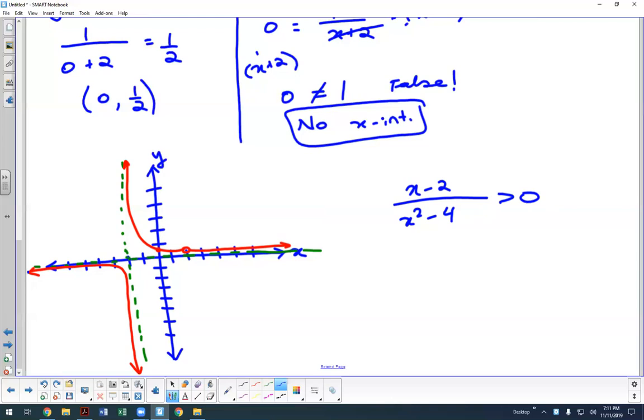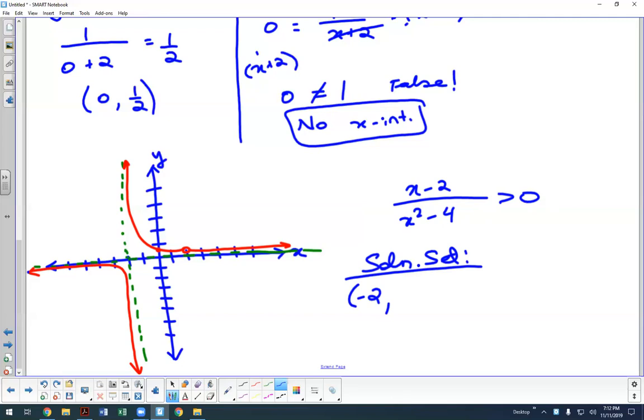So what will that end up looking like, our solution set? Where does this interval begin? It begins at -2, yeah. So for this inequality, we're starting at -2, and how far can we go?